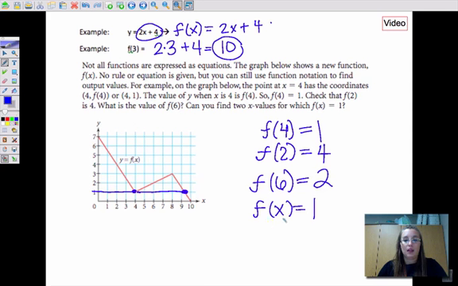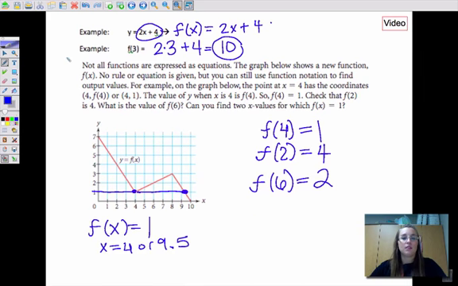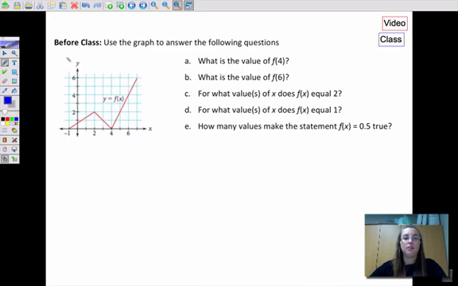And what I see is that for an output of 1, the input is either 4 or looks like maybe 9.5. So before class, what I want you to do is look at this graph function, and go ahead and answer these questions on the right using function notation. And then I'm going to add something else, and I'm going to do an equation.